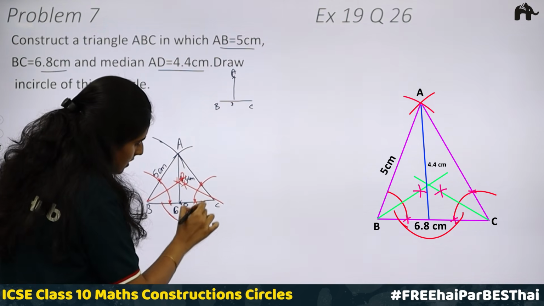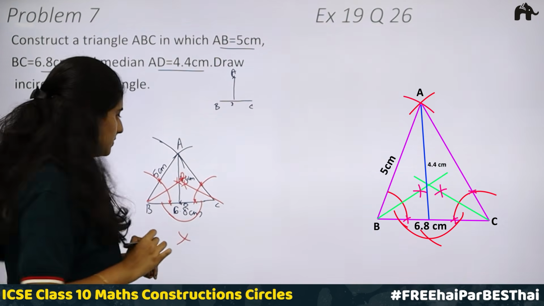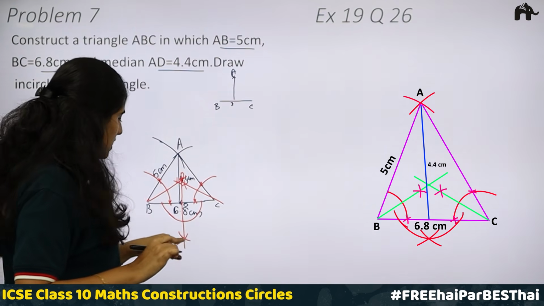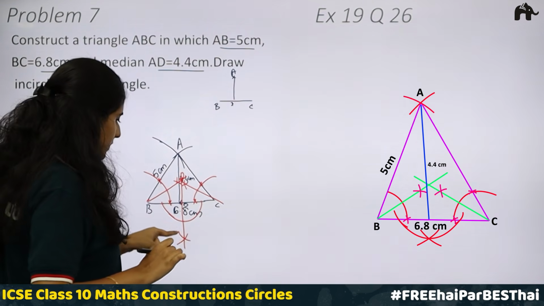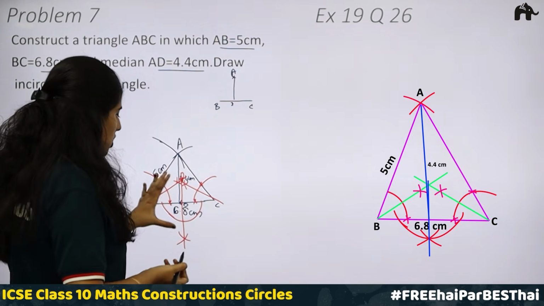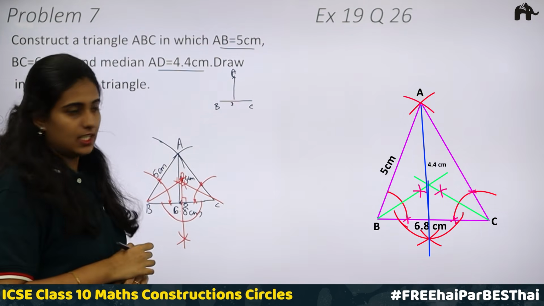From this center, we'll draw one arc. From this center, we'll draw the second arc. Now, from O, we draw a line to this intersecting point of the arcs. This is the perpendicular bisector. This angle will be 90 degree.